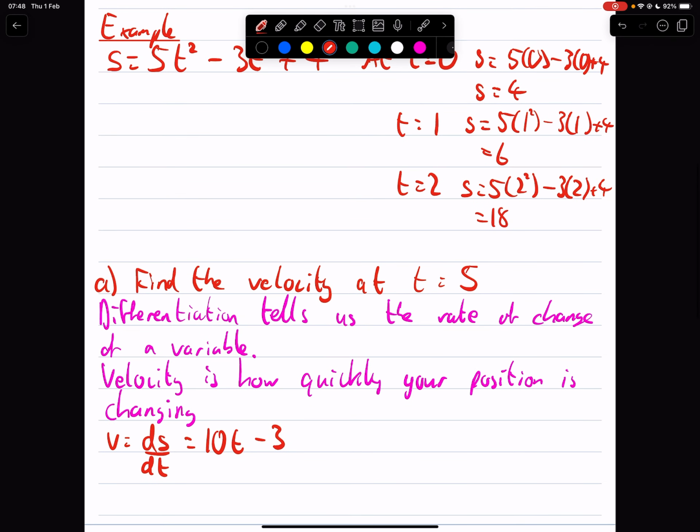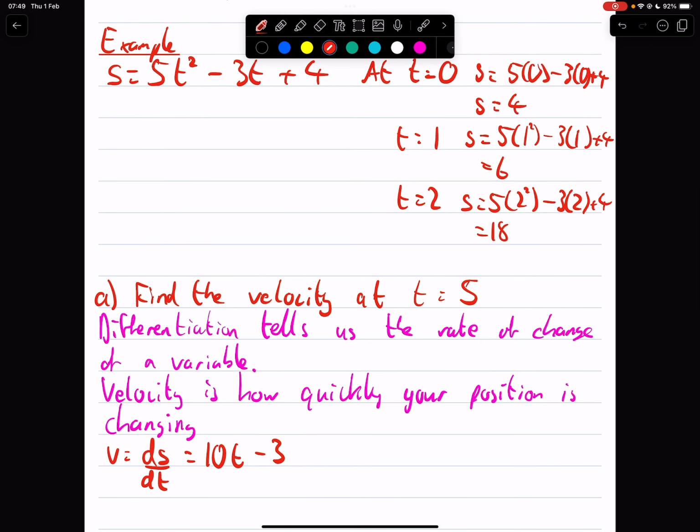So that would be the equation for the velocity if your position equation is 5t squared minus 3t plus 4. So at t equals 5, the velocity would be 10 lots of 5 minus 3, which is 47.